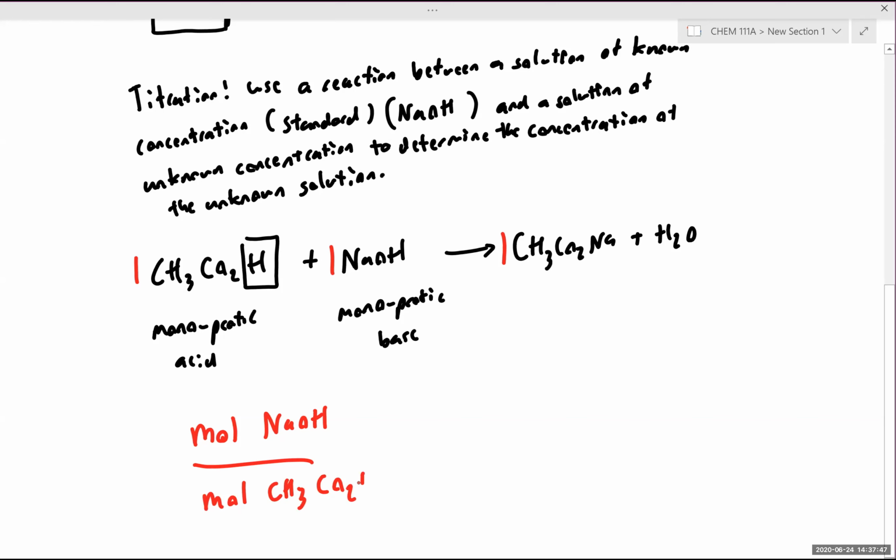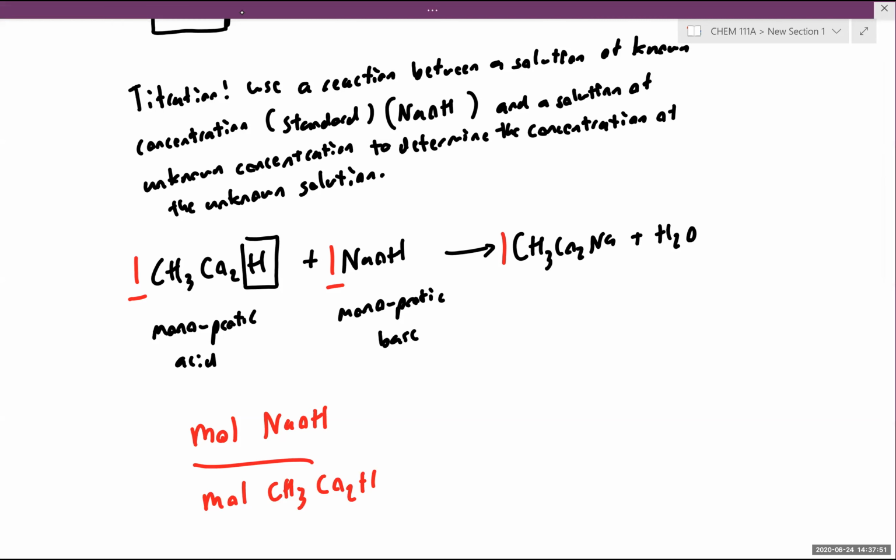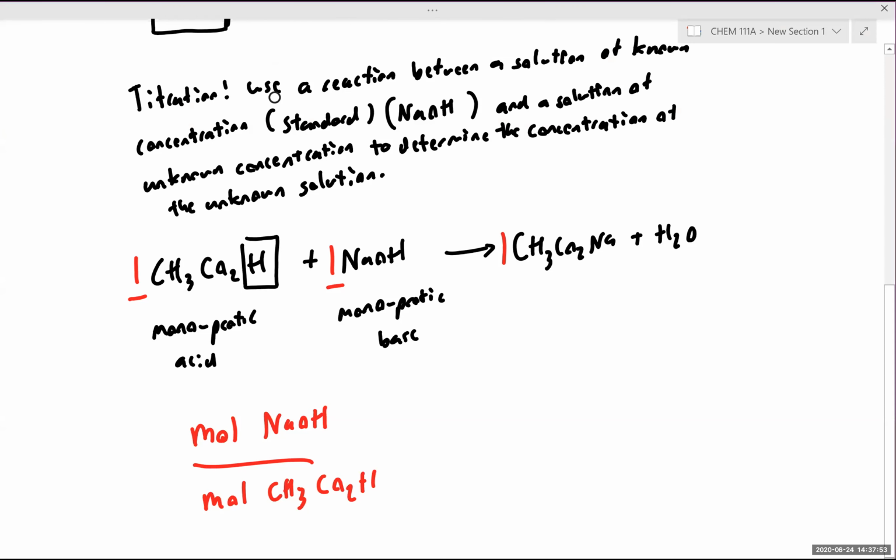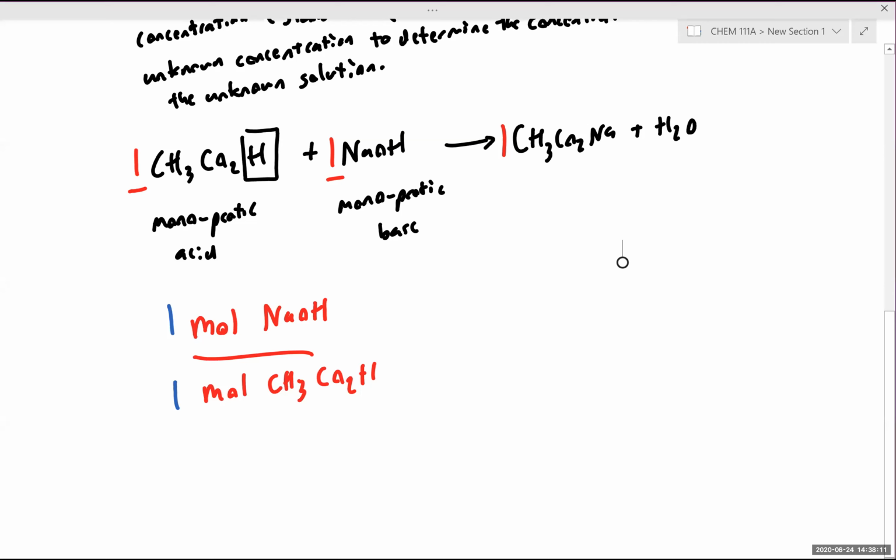What is our mole to mole ratio looking at our coefficients? 1 to 1, exactly right. So we have 1 mole of sodium hydroxide per 1 mole of acetic acid.